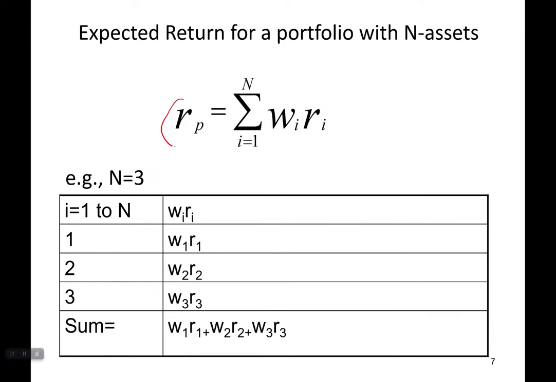We say the return of a portfolio, we'll call it RP, is the sum from i equals 1 to N. So what is i? i is the asset number. Say you have 3 assets. So i is going to go from 1 to 3 in the case where you have 3 assets, and i just denotes which asset. So the return of a portfolio is the sum from i equals 1 to N, wi ri.